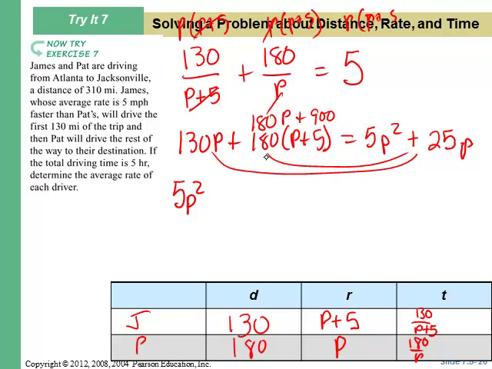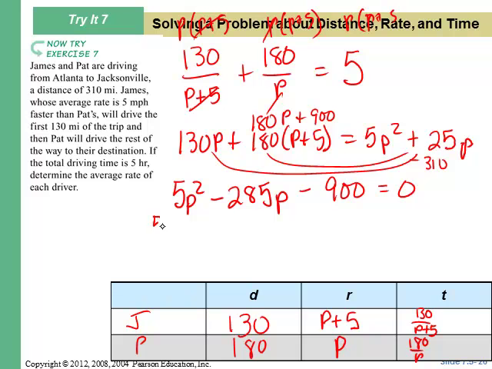So 130 plus 180 is 310, so I'm going to subtract 310P from each side. So I get minus 285P, and then minus 900 equals 0.